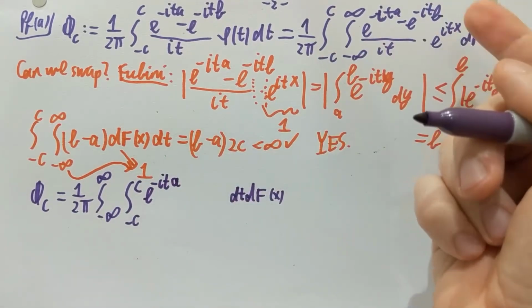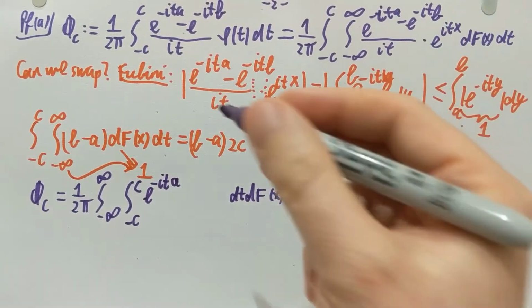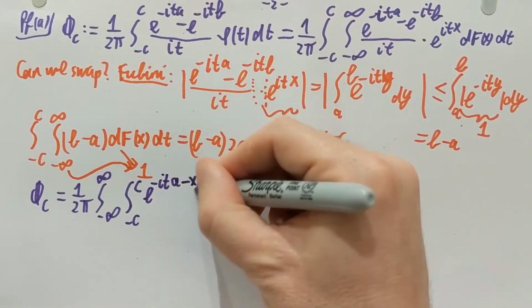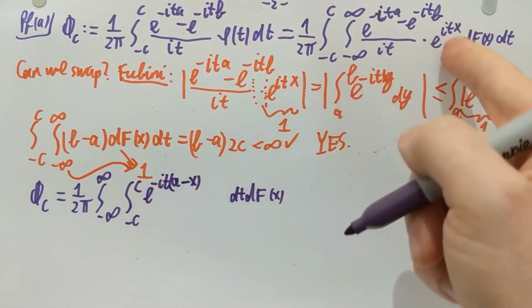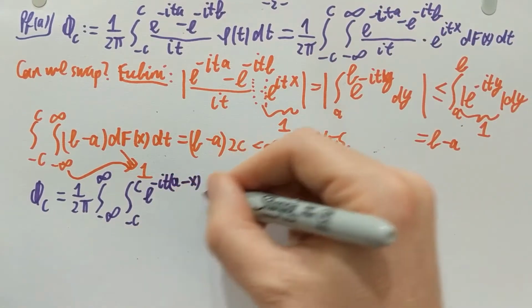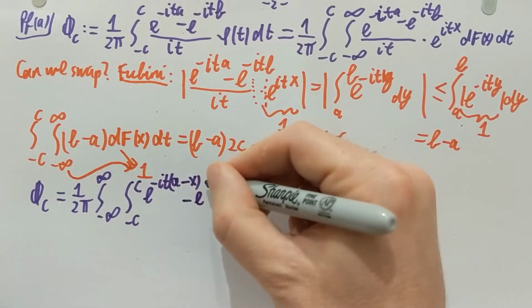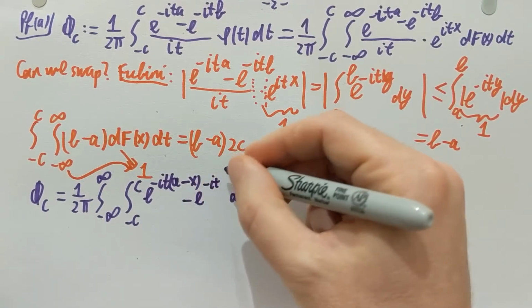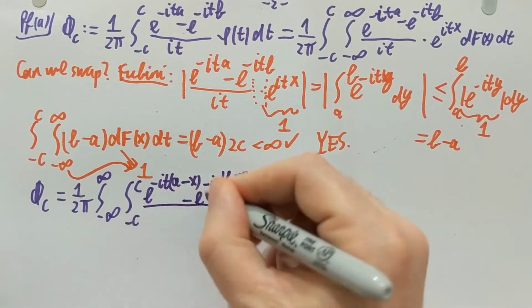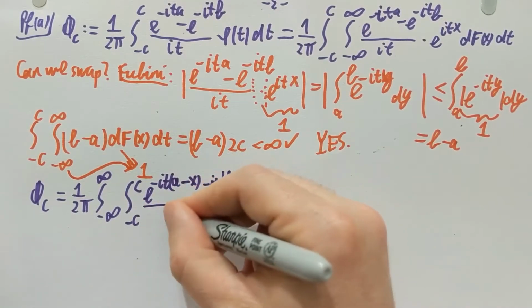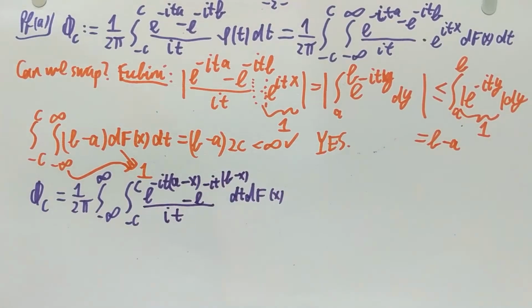I'm going to bring in the itx inside this exponential here with a minus x. A minus x with a minus gives me a plus, and it's a product, so that comes out here. And minus the same for the other term. So b minus x divided by it.